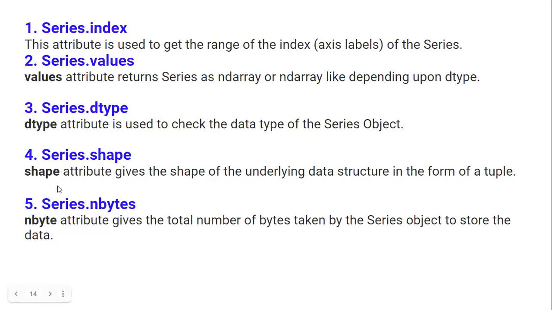With the help of the shape attribute, you will get the shape of the underlying data structure in the form of a tuple. Then nbytes gives the total number of bytes taken by the series object to store the data. If you want to know the total number of bytes taken to store the data in your series, you can get it with the nbytes attribute.